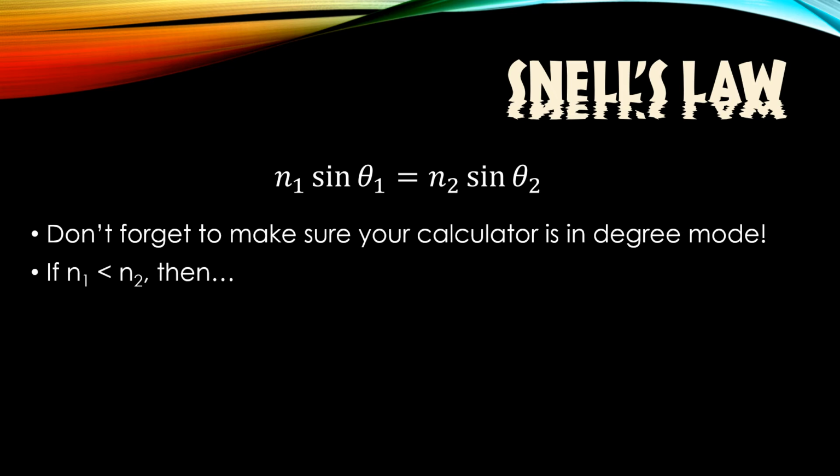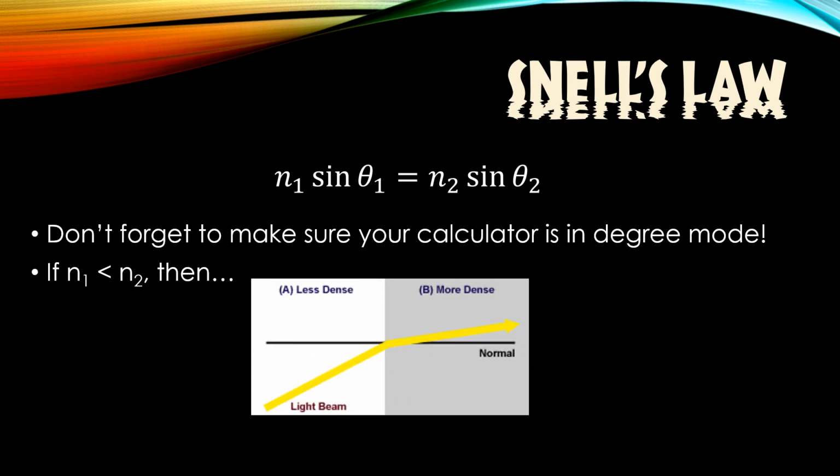If we're thinking about some concepts and being able to predict which way the light will bend, if we have light traveling from a medium with a lower index of refraction to a medium with a higher index of refraction, then you'll notice that the light bends toward the normal, or we could say that theta 2 is less than theta 1.